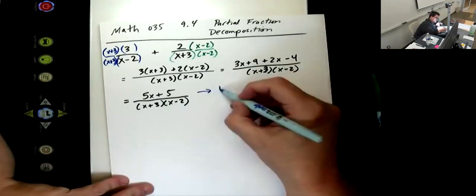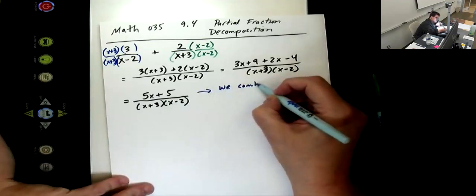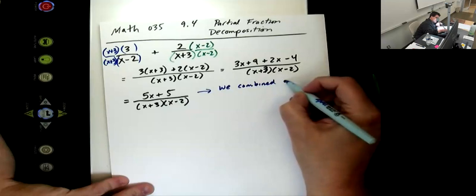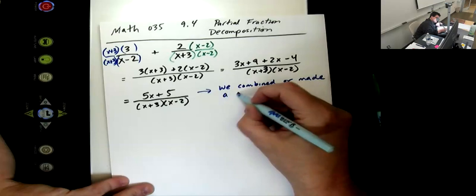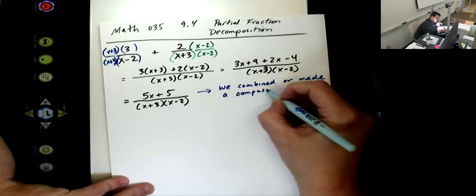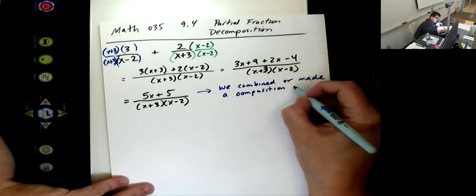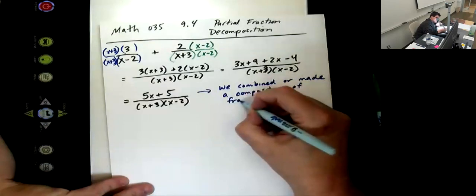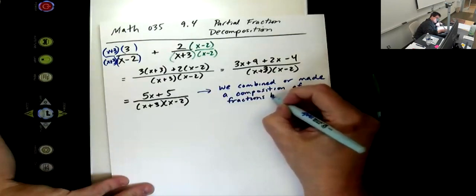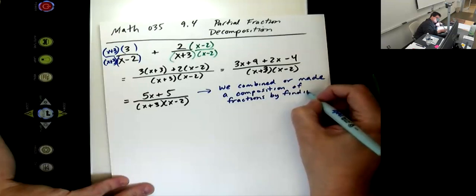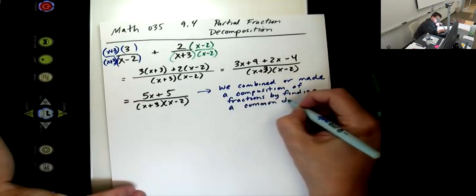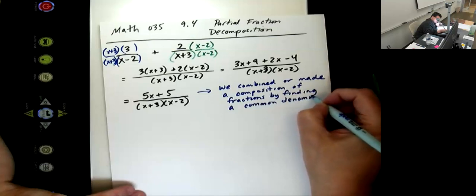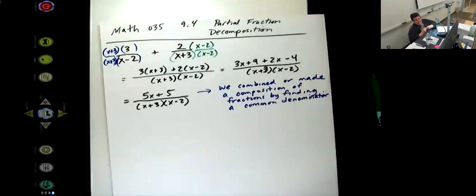Here we combined fractions by finding a common denominator. It's been a while, but we've done this before. That's old stuff, not the new stuff.